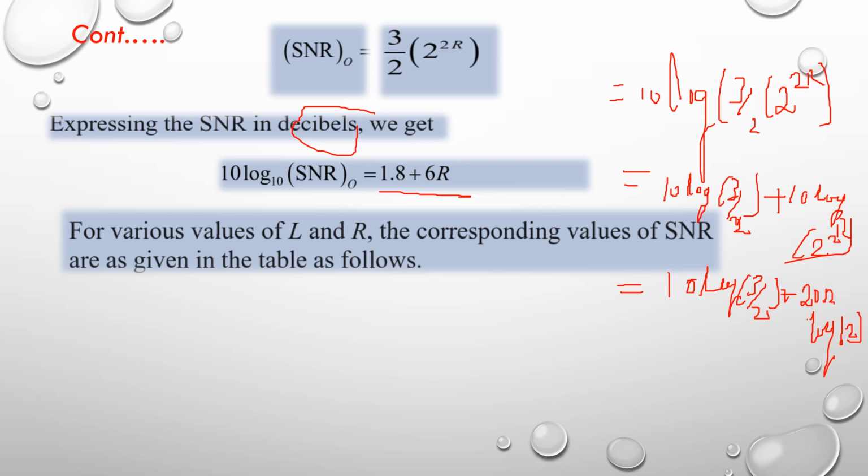For various values of L and R, the corresponding values of the signal to noise ratio are given in the table as follows.